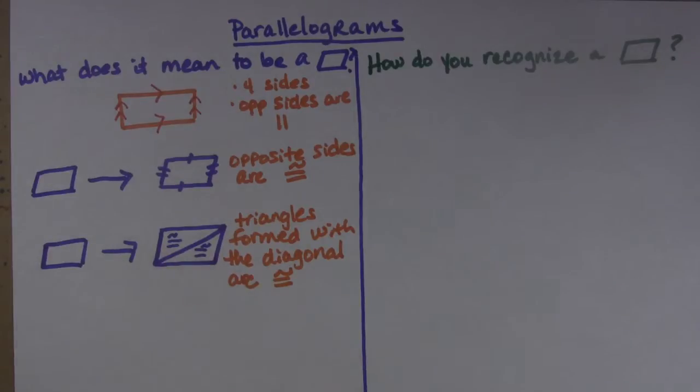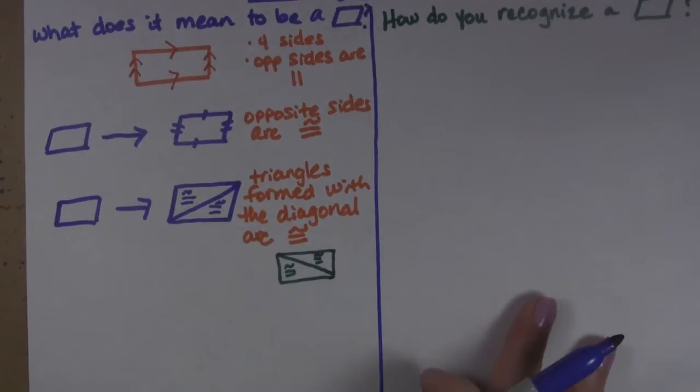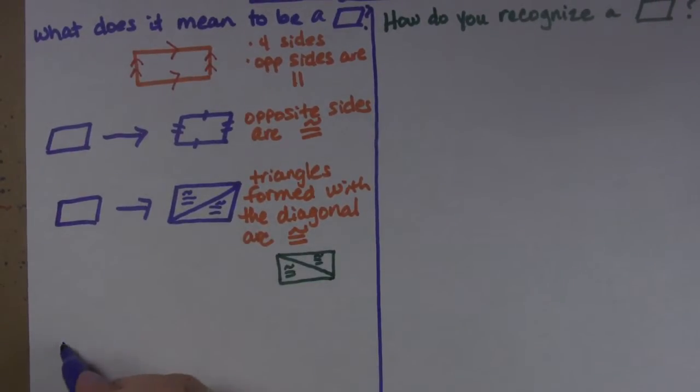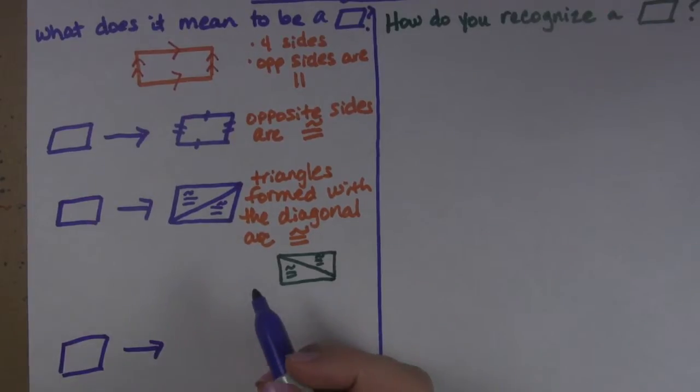Okay, and just to make sure that I'm not leaving anyone in the dust here, you could draw your diagonal the other direction and you would get the same thing, right? So either way you draw your diagonal, if you have a parallelogram, you know that those two triangles are going to be congruent.